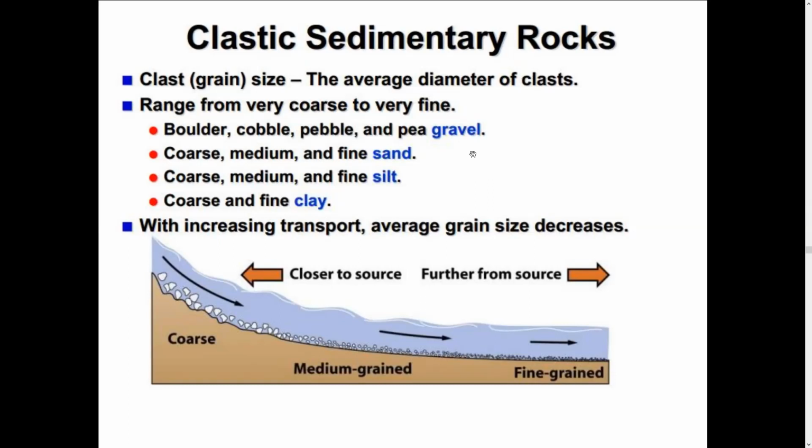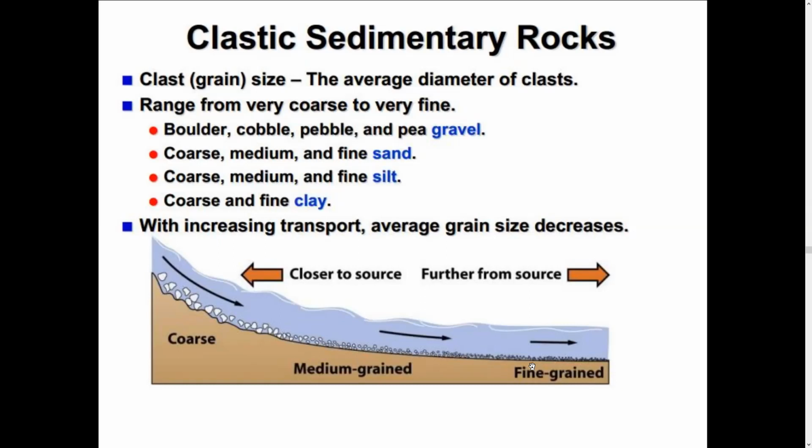So it now means closer to the source, that is where you would find larger clasts, while closer to where the deposition is taking place, which would be further away from the source, that is where you would find fine-grained materials.